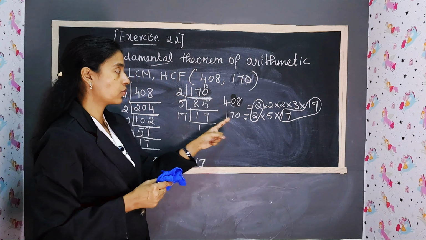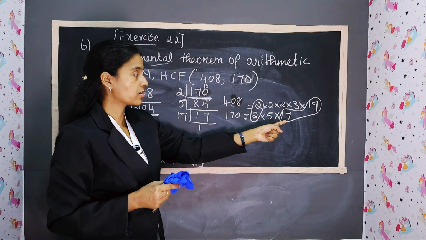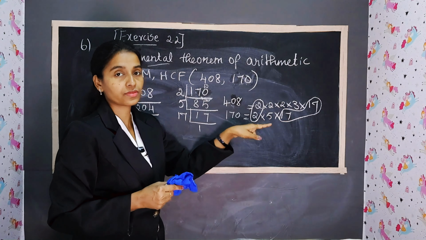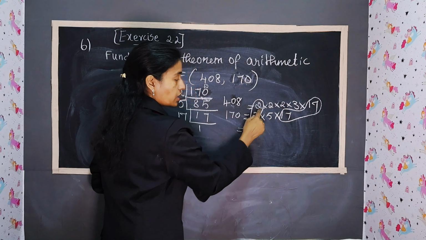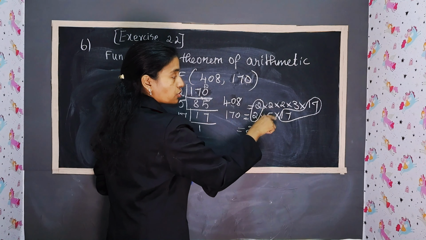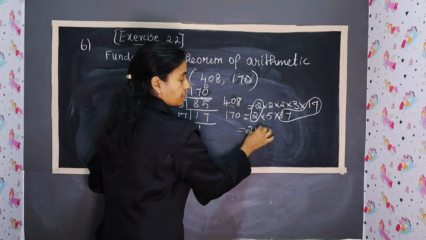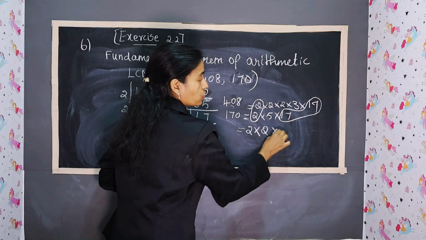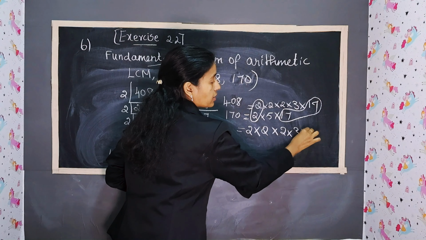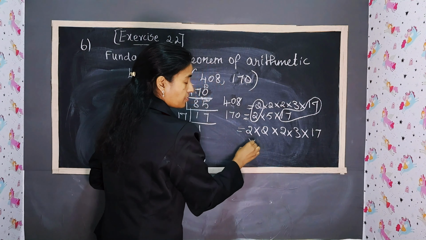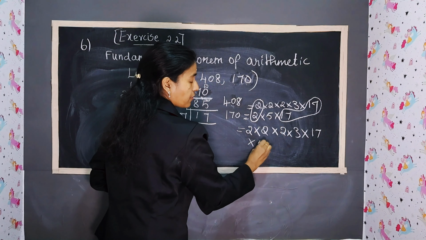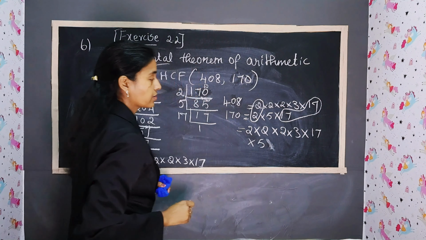So I can take only 1 2 in this pair, and also I can take only 1 17 from this pair. So I'm taking only 1 2 here, and I should write all other factors. 2 into 3 into 17, I'm taking only 1 17, and 5 in, that's it, right?